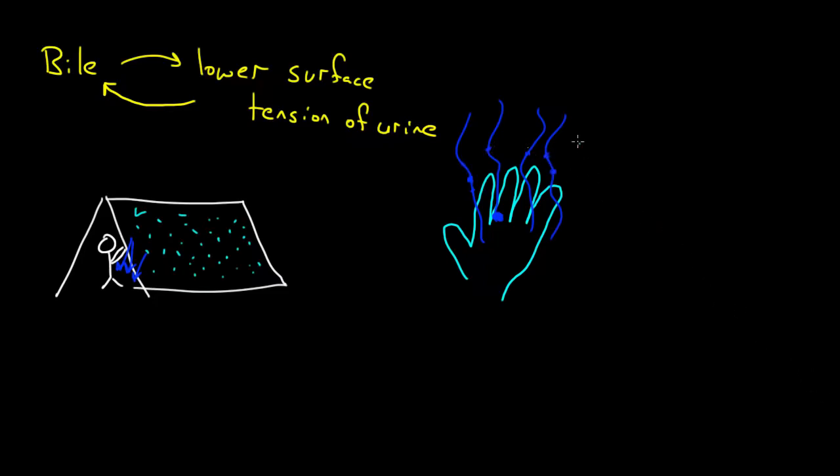But if you add a little soap to the scenario, that lowers the surface tension, which means these water molecules don't clump together as much. And if they're not clumping together, they can get into the small cracks, which kicks out the dirt in your hands. This water is better able to penetrate into the smaller cracks and get where it needs to go.